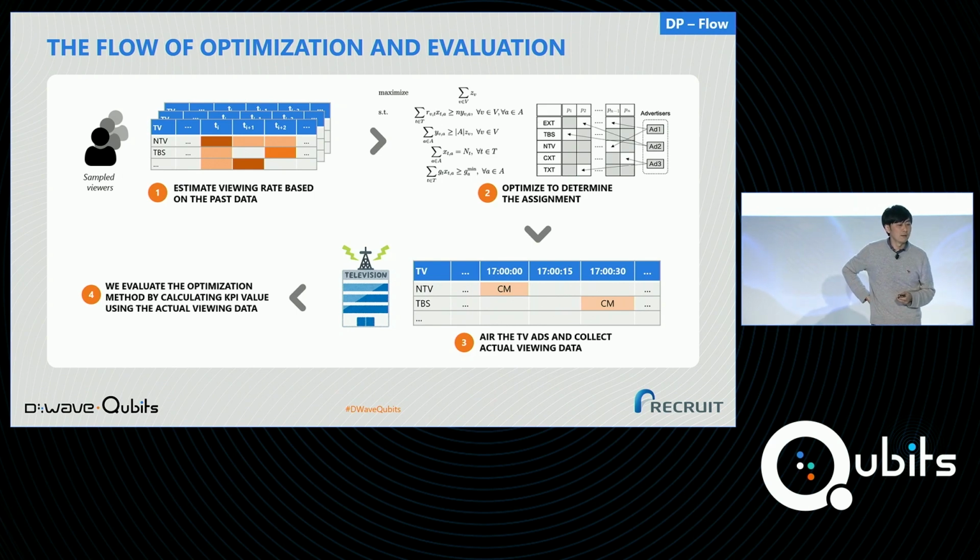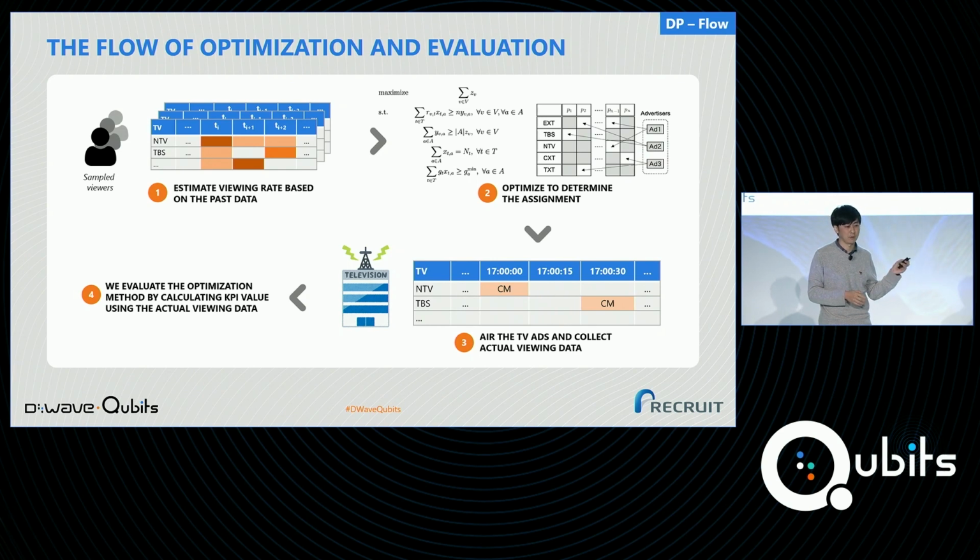So let me summarize the flow of the optimization and evaluation. First, we sample the viewers out of all viewers, and we estimate the viewing rate based on the past data by using some machine learning method. We sample the viewers because if we use all viewers, we cannot handle it with these mathematical solvers.